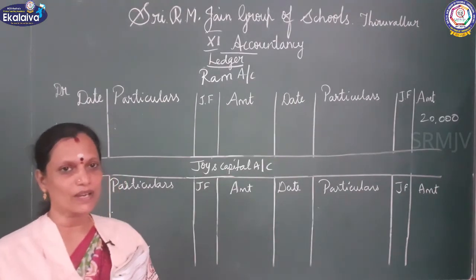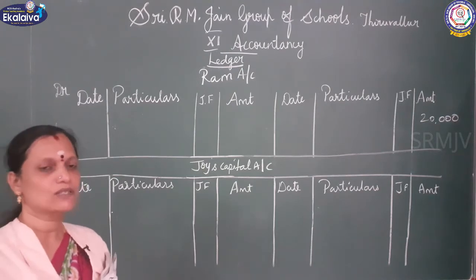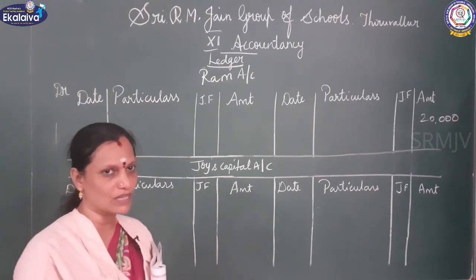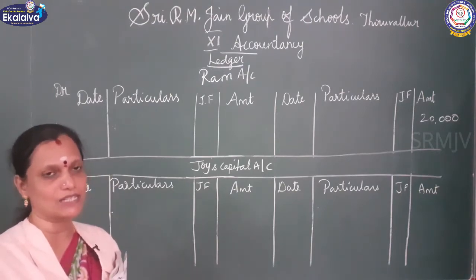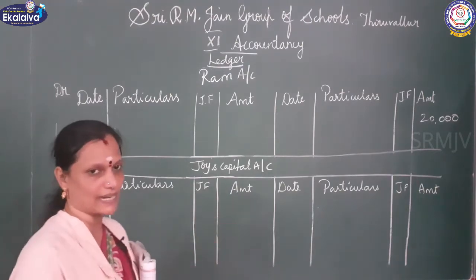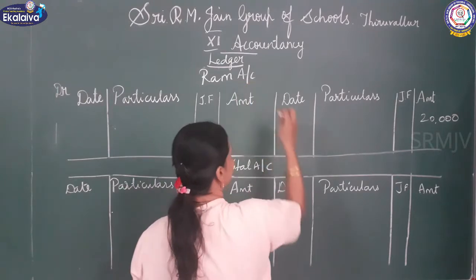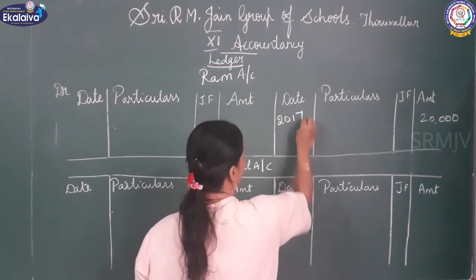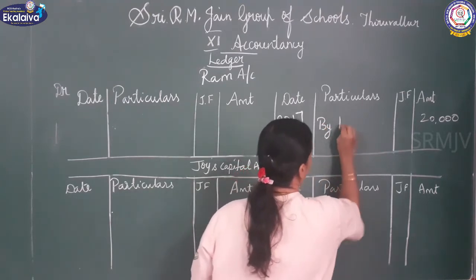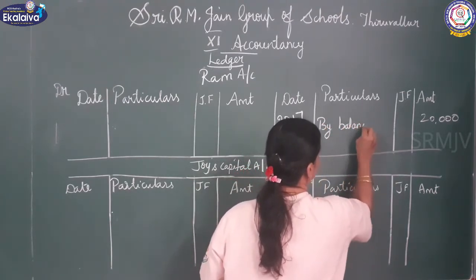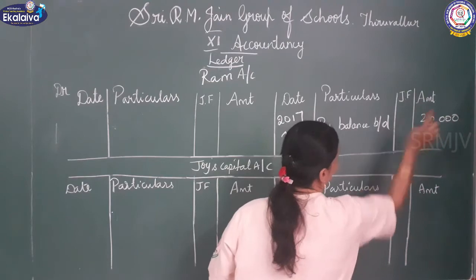See children, now we are going to enter the liability. Already I said liability should come on the credit side. So always the opening balance of liability will come on the credit side. That's why I am writing Ram's account, 2017 January 1st, by balance brought down 20,000.